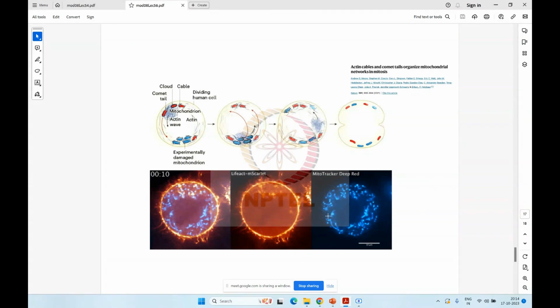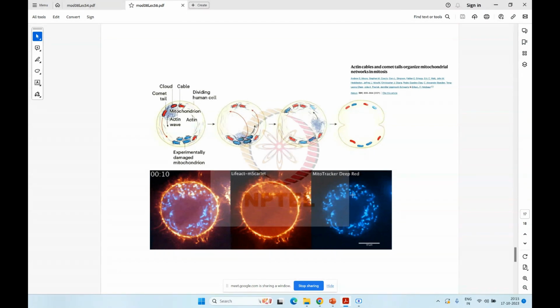Life Act, this basically is the mitochondria. This is the actin filament network that is present. These dense areas that you see are the comet tail, whereas this is the cortex of the cell.